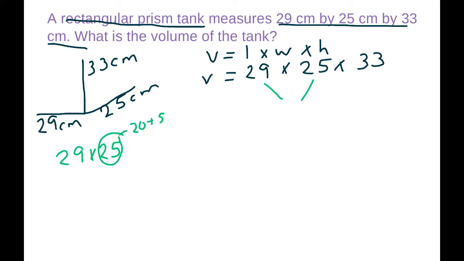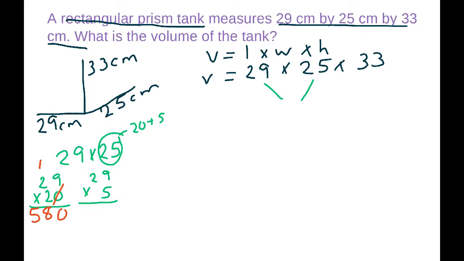So 29 times 20, and then we'll do 29 times 5. We have 0 here. We know 0 times any number is 0. Now we can do 9 times 2. 9 times 2 is 18. Write my 8, carry my 1. 2 times 2 is 4, plus 1 is 5.